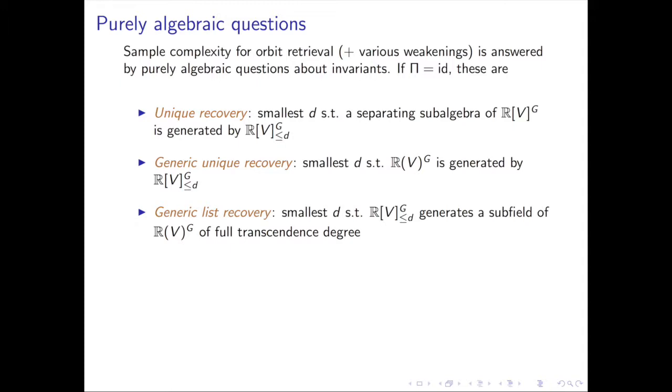Okay, so that theorem begs the question of what is d? What is the minimal degree d that identifies orbits? So sample complexity for orbit retrieval thus is answered by purely algebraic questions about invariance.